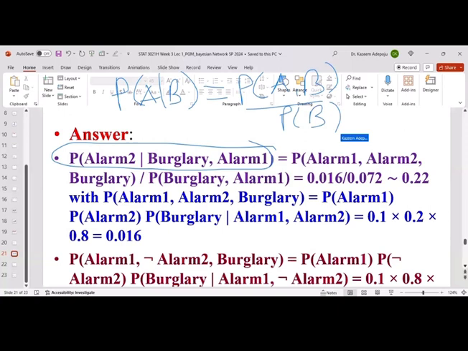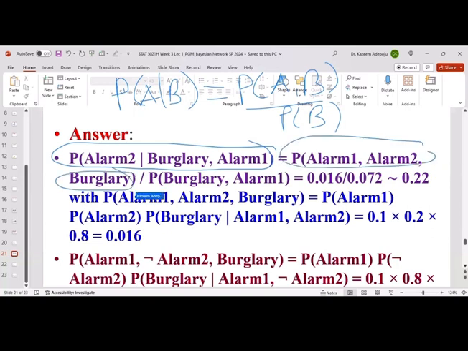But here, the probability of this given these two, it's going to be the ratio of the joint of all of them.